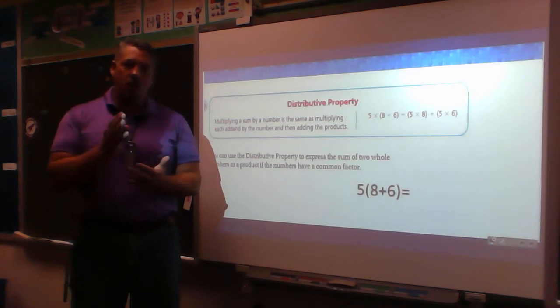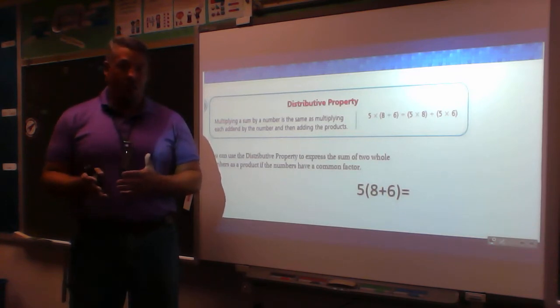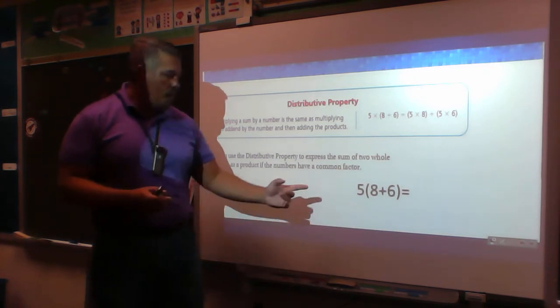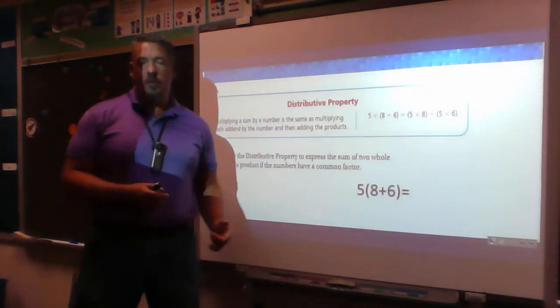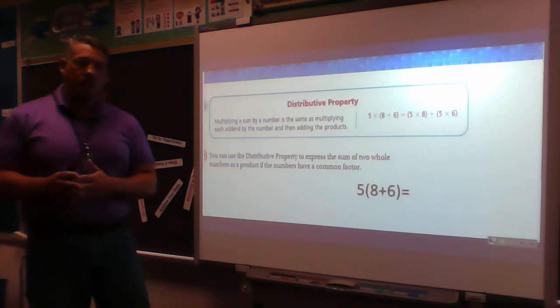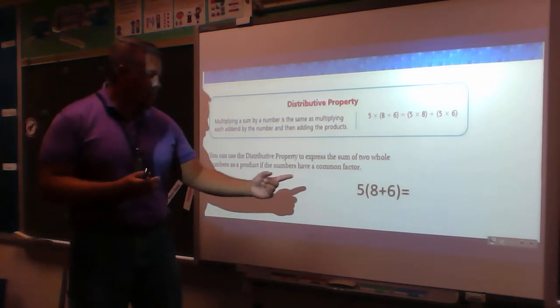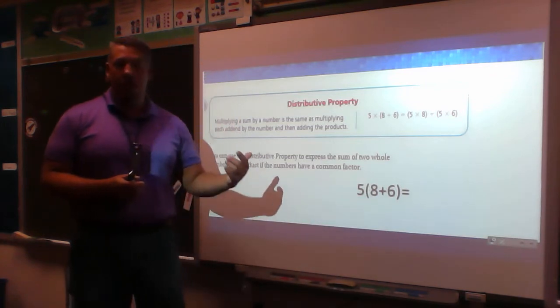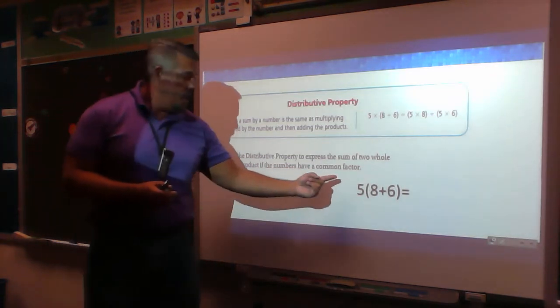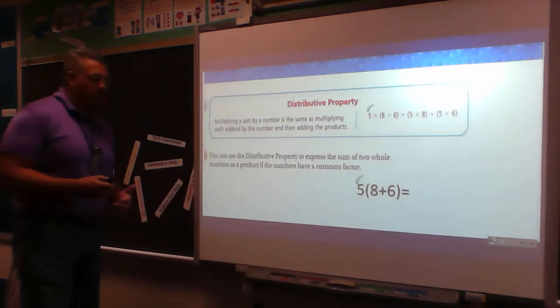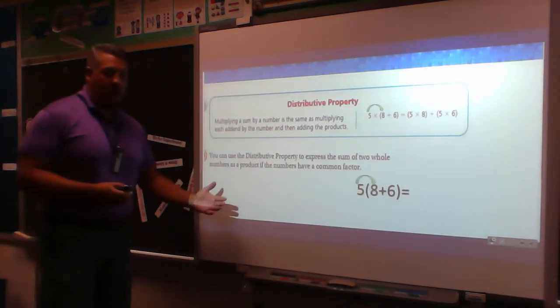I can have that multiplication sign, but sometimes there's a set of parentheses. And when we get into order of operations, we find out that means the things inside the parentheses have to be done first. But if I look at the distributive property, it means I can multiply, and that means multiply because the number is touching the parentheses, into each of those numbers. Now when I say into each of those numbers, that's exactly what I mean.